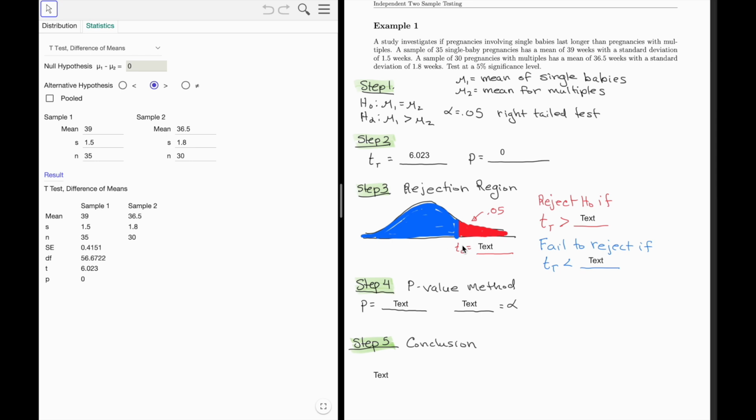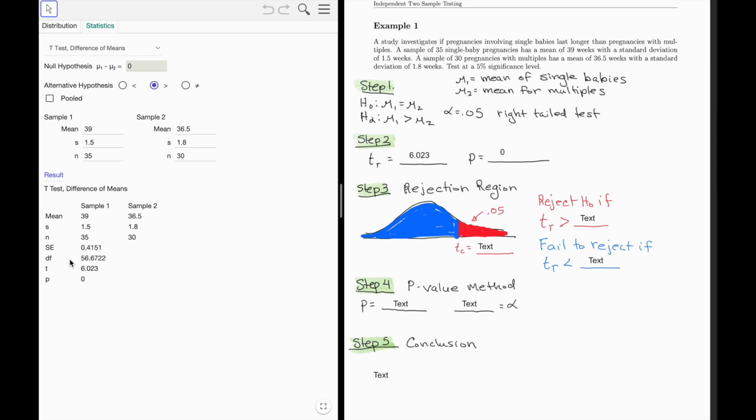Now, because this is a 2-sample t-test, we're dealing with degrees of freedom. Degrees of freedom for 2 samples is very complicated. It's not hard, it's just really messy. So instead of worrying about calculating it by hand, I suggest you get the degrees of freedom when you run your test.